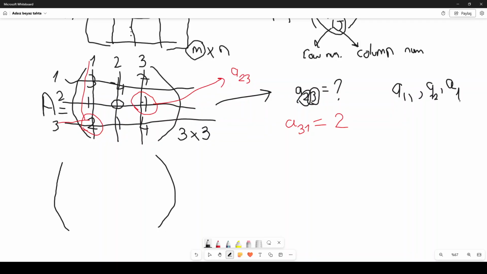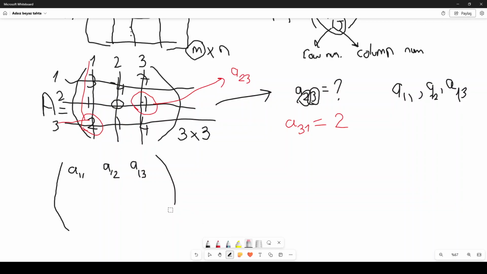Why? Because the row number is 1 and the column number is arbitrary. I just read from the left hand side all the way to the right hand side, right? So 1,1, 1,2, and 1,3. In other words, here is the thing: I write the coefficients of each unknown variable in the matrix in the given order.